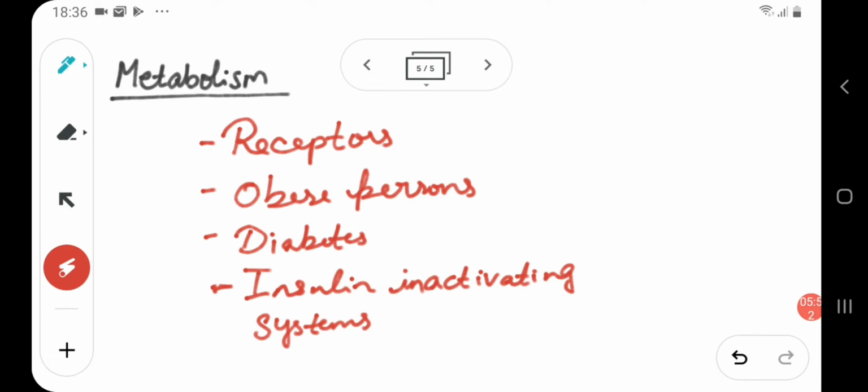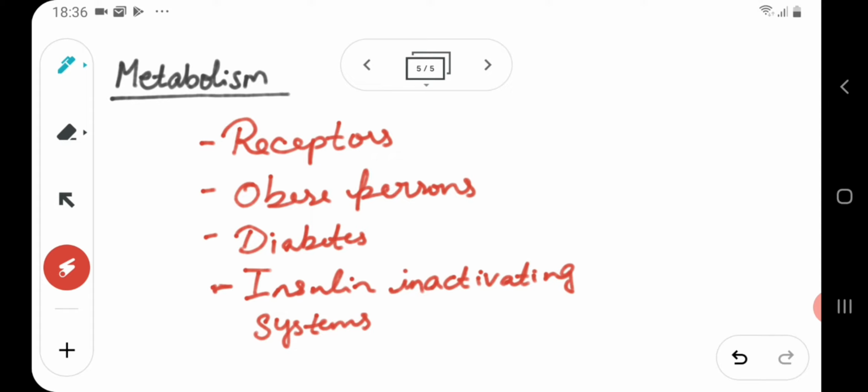Coming to the metabolism of insulin. So normally the receptors are important because this insulin exerts its effect on various tissues by binding with the receptors which are present on the membrane of the cells. Next is that obese persons normally tend to have comparatively fewer receptors than normal people.